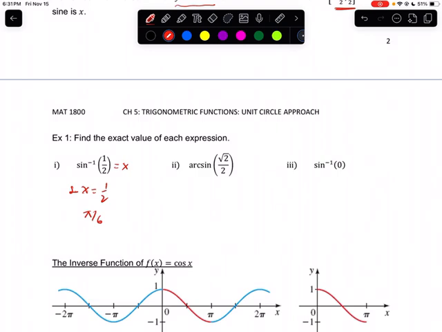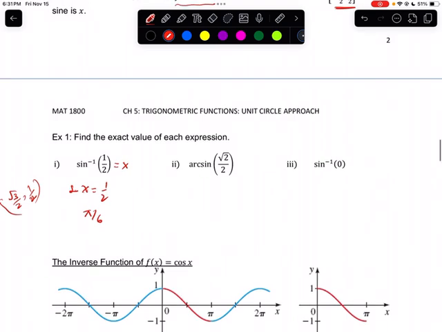The terminal point for pi over 6 is square root of 3 over 2 comma 1/2. So sine is the y value, so sine is 1/2. Next is arc sine. By the way, this is another way of writing the sine inverse function.